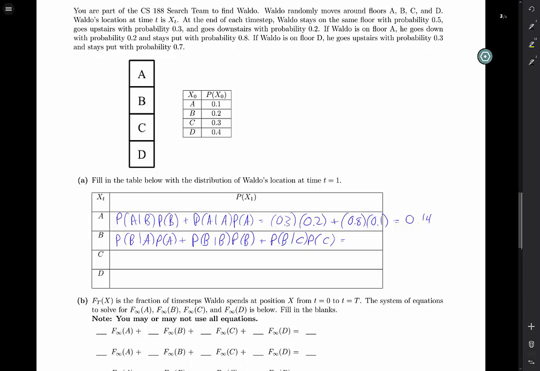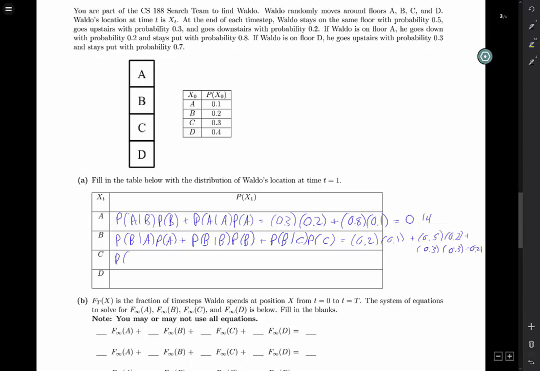So the probability of B given that I was in A is 0.2, times the probability of A, 0.1, plus the probability I stayed, 0.5, times the probability I was in B already, 0.2, plus the probability I went up, 0.3, times the probability I was already in C, which is 0.3. So I get 0.21.